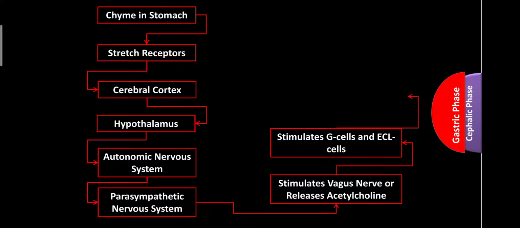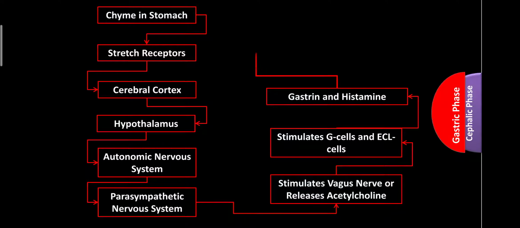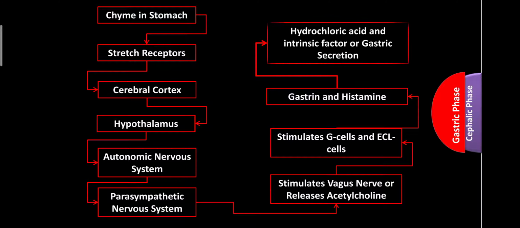Due to stimulation of G cells and ECL cells, the secretion of gastrin and histamine increases, and gastrin and histamine enhance the parietal cells and many other gastric glands, so hydrochloric acid, intrinsic factor, and gastric secretion increase. Like that, with the entry of chyme in the stomach, gastric secretion is secreted. This phase is known as the gastric phase.